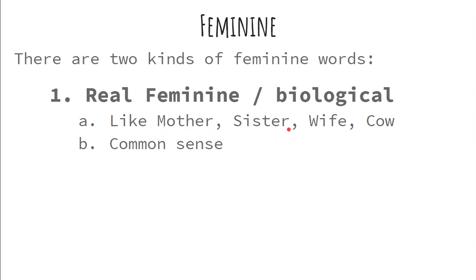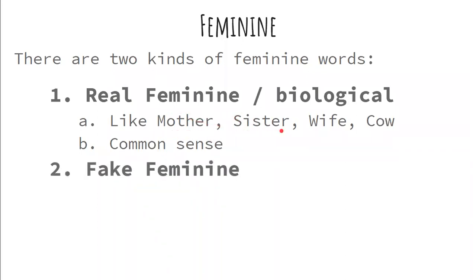If someone names their daughter a masculine name, say Rahim, still at that time Rahim will be considered feminine, because it's the name of a girl. So it's just common sense, the real feminine.